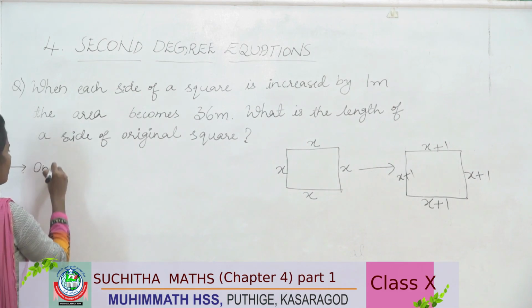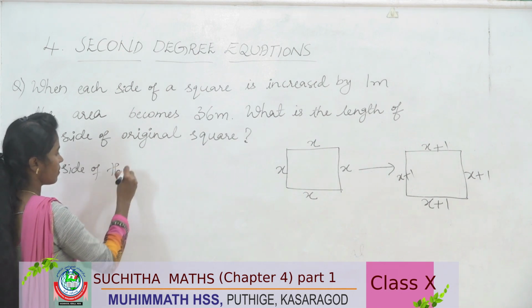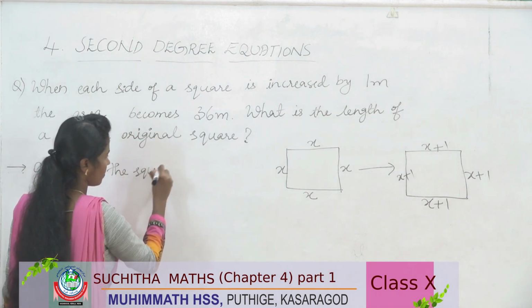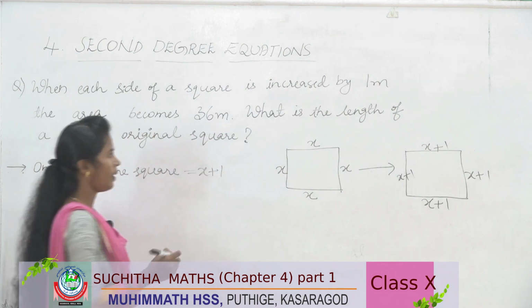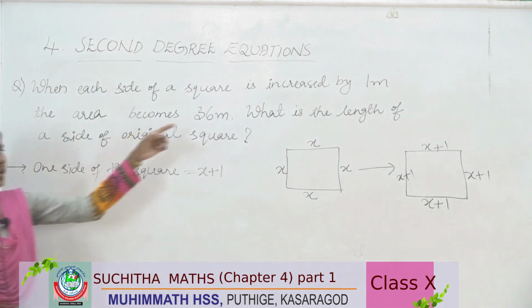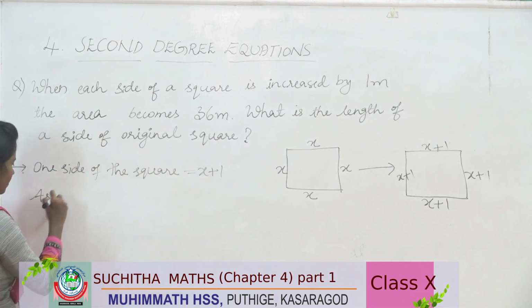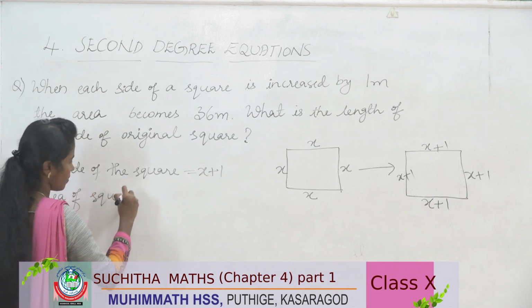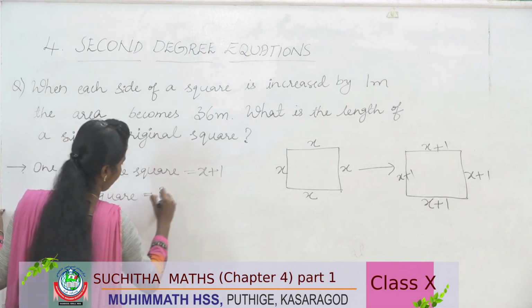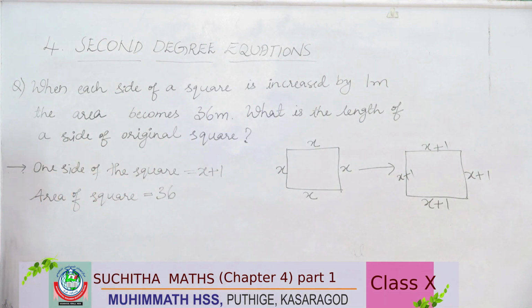One side of the square equal to x plus 1, and given area of the square is 36. What is the area of a square?